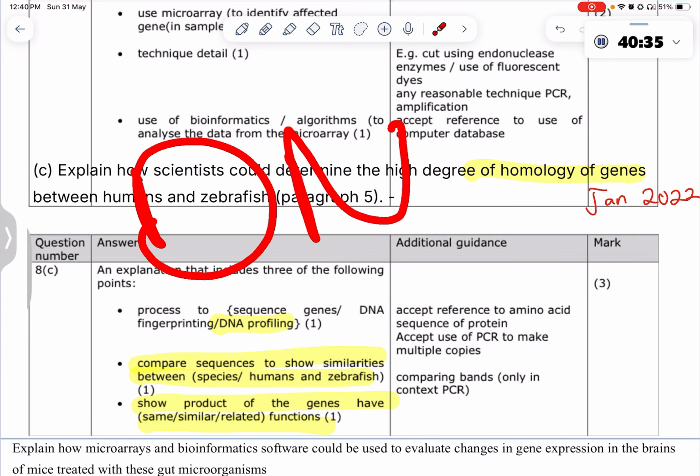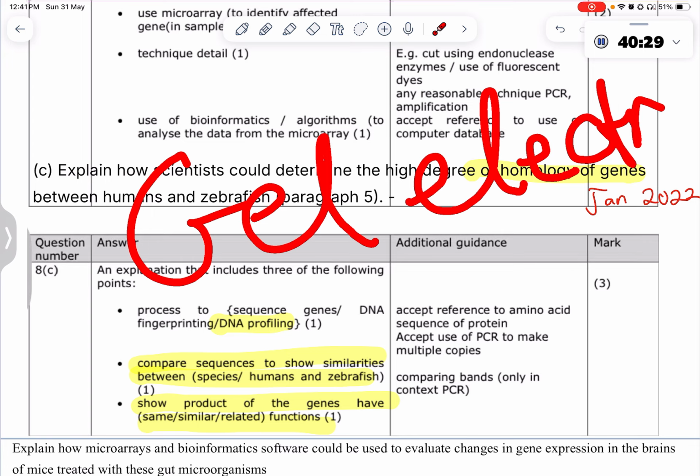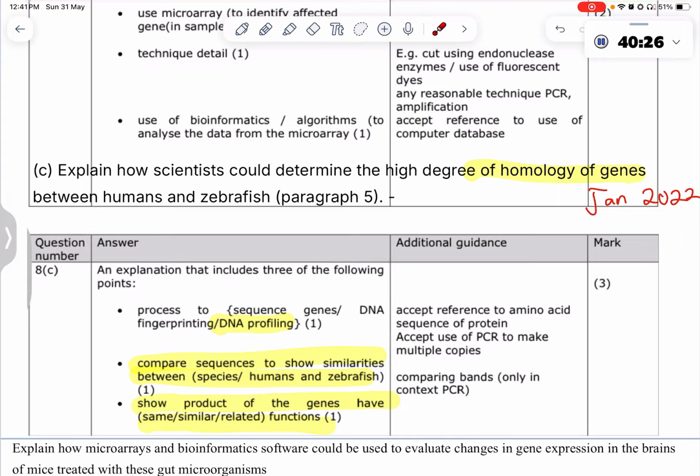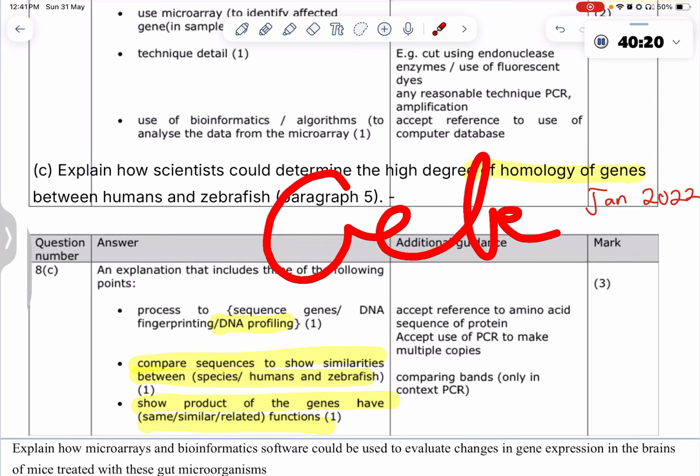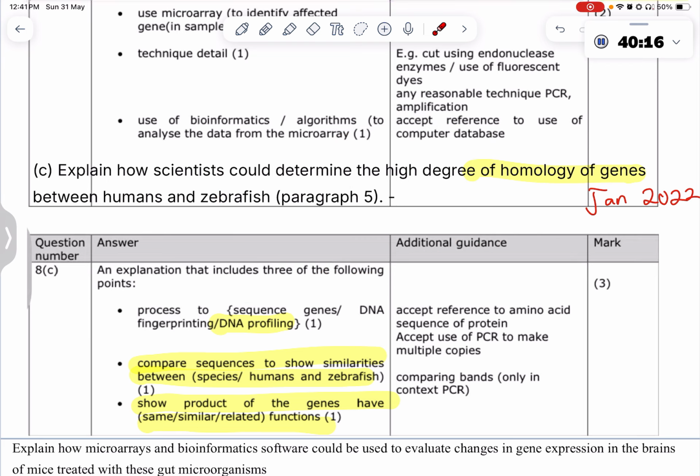Obviously, you're going to carry out DNA profiling or DNA analysis using gel electrophoresis, where you can mention details about PCR and amplification of the DNA. After the amplification, you'd use gel electrophoresis. Always gel electrophoresis, it's following PCR.